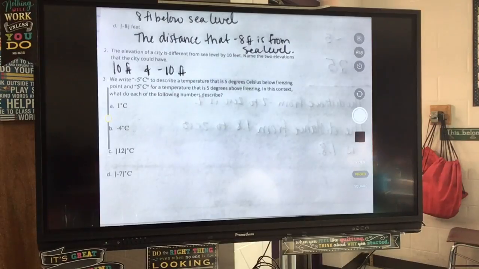Imagine 5 and 0. No, I think it's negative 5. So it'd be above. Yeah, negative 5 is center. So 1 is above. So negative 4 is below.